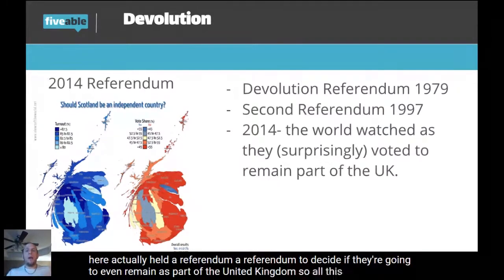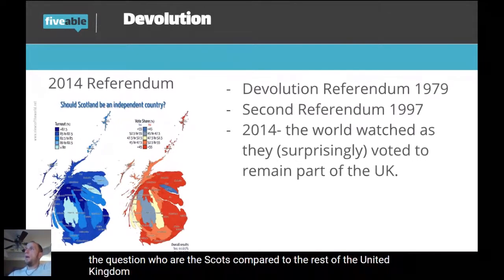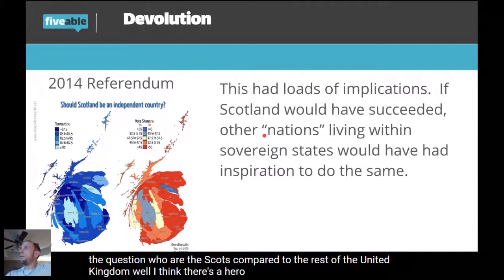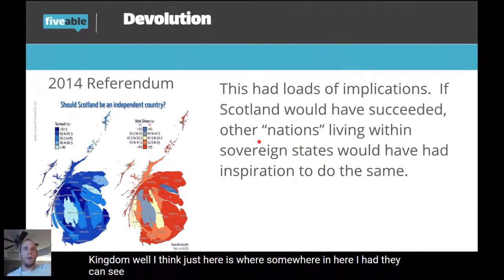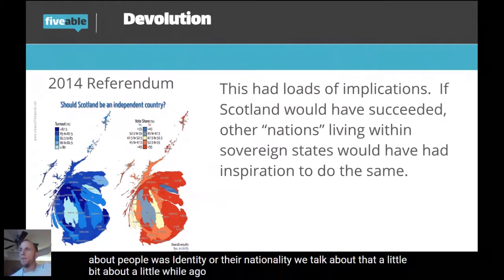So all this begs the question, who are the Scots compared to the rest of the United Kingdom? Well, they consider themselves a nation unto themselves. When you think about people's identity or their nationality, we talked about that a little while ago.